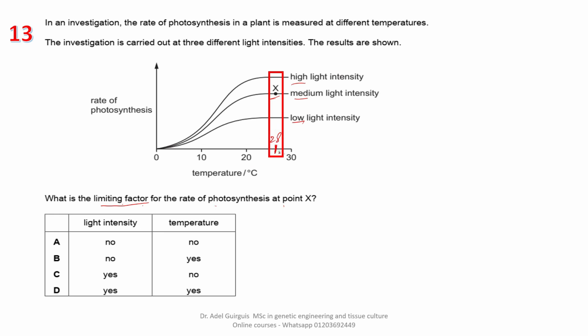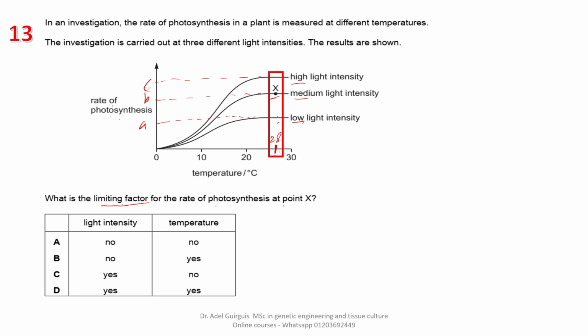At fixed temperature, what would happen to these light intensity graphs? Look here, A, B, C, for example. What about A? It has a lower rate than B. B has a lower rate of photosynthesis than C.